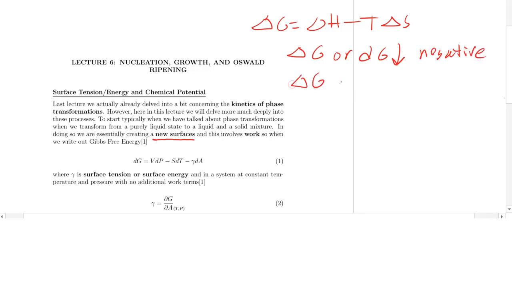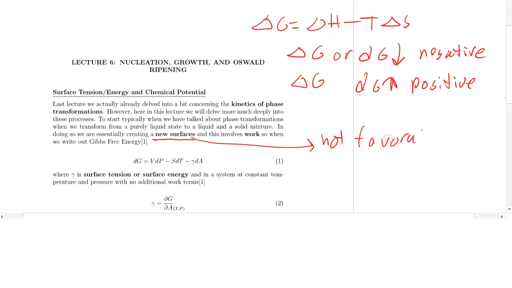If delta G or dG increases, if it's positive, that is not favorable energetically. So creating new surfaces increases your delta G. So this is not favorable. We have to pay an energy penalty. So delta G increases. So that is not good.